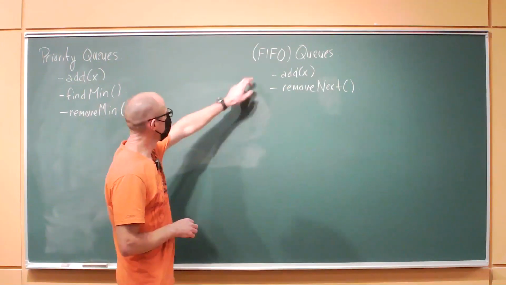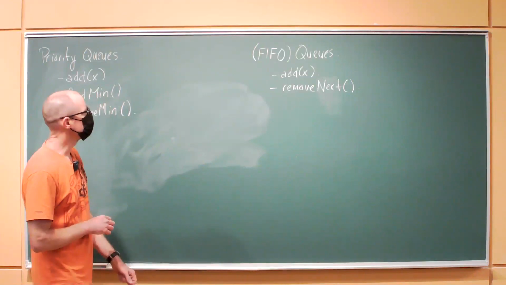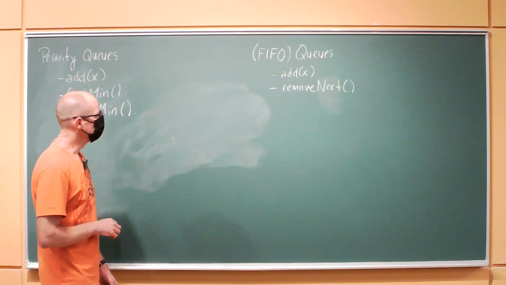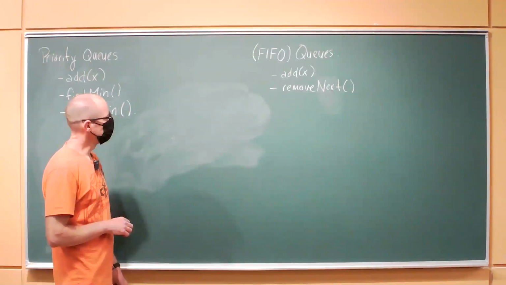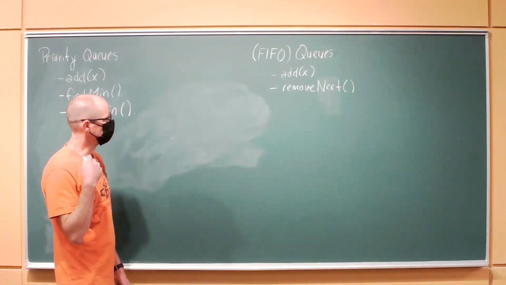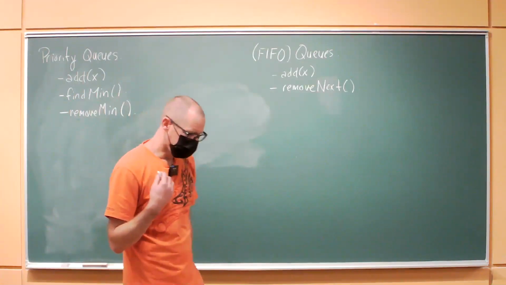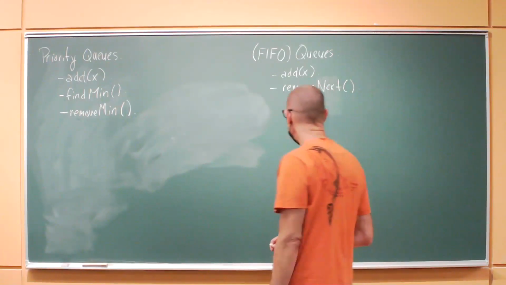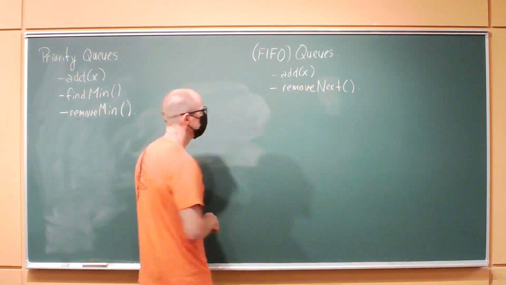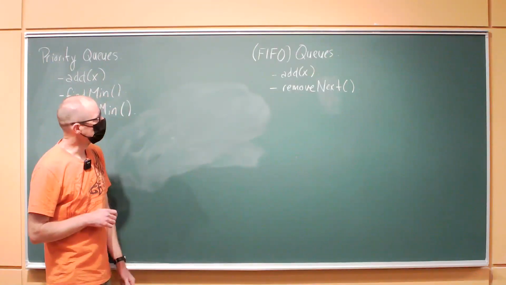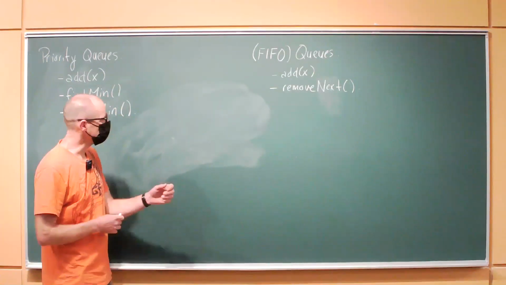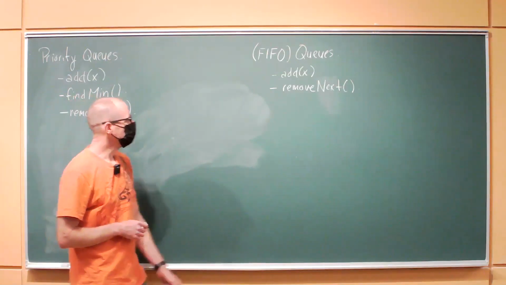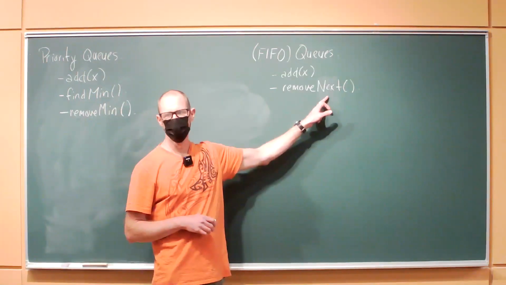So compare these to a similar structure, which is the queue, or a FIFO queue. You can also add stuff to a queue, and you can remove stuff. But what gets removed from a queue is not the smallest thing in the queue. It's whatever the oldest thing in the queue was.